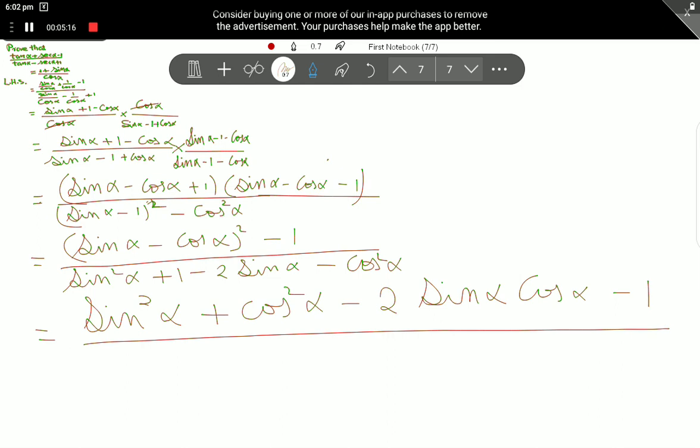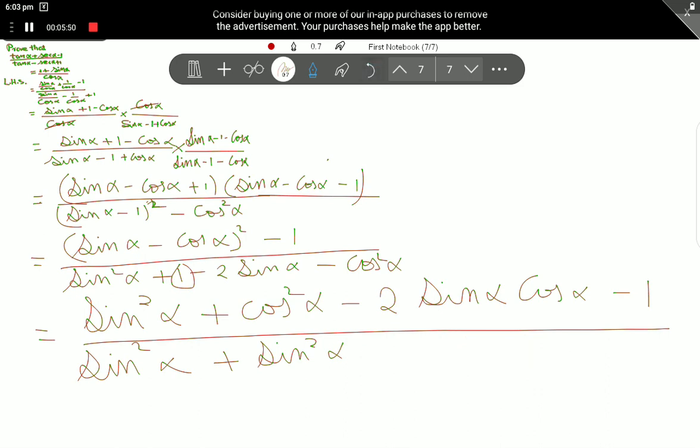Now, in the denominator, you have 1 minus cos squared alpha. That can be written as sin squared alpha. So you have sin squared alpha as it is, plus sin squared alpha, minus 2 sin alpha as it is. What we have done is we have just written 1 minus cos squared alpha as sin squared alpha.